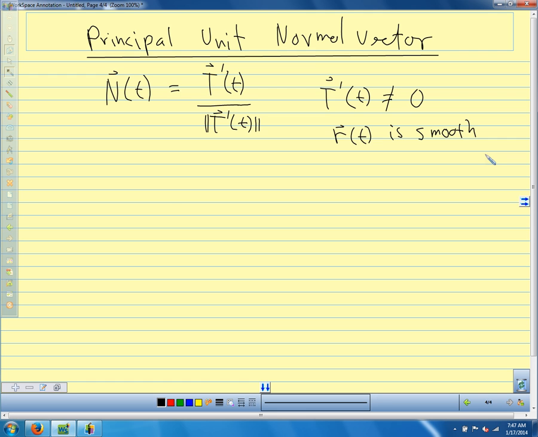The principal unit normal vector points to the concave side of the curve.